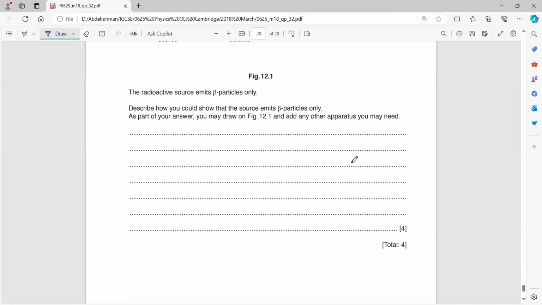First, we measure the emission without any barriers. Then we put paper as a barrier, then aluminum, then lead, and it should stop at the aluminum, it won't pass through. Correct. So initially we need to measure the reading without any barriers.